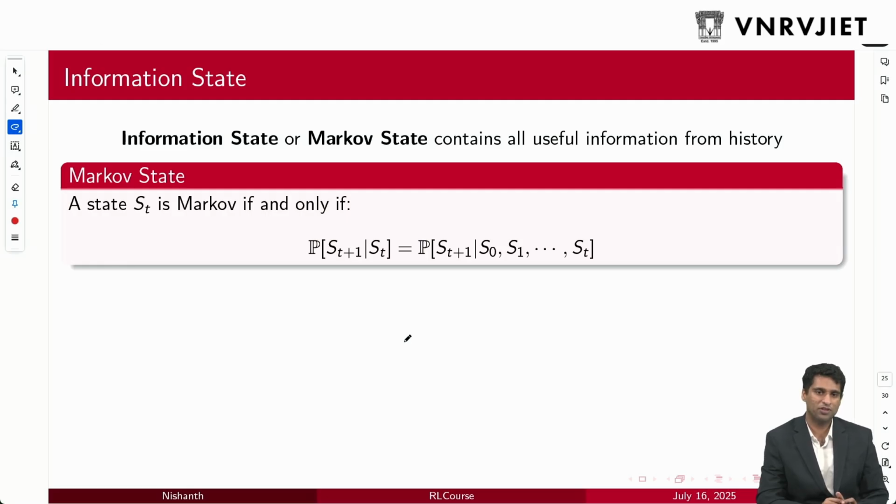The information state or the Markov state contains all the useful information of the history, right?